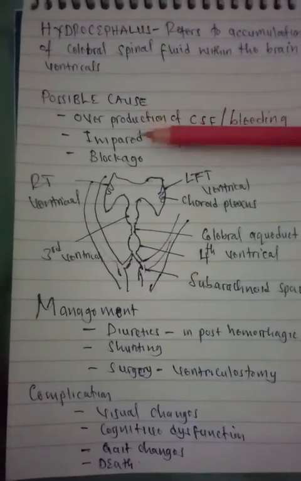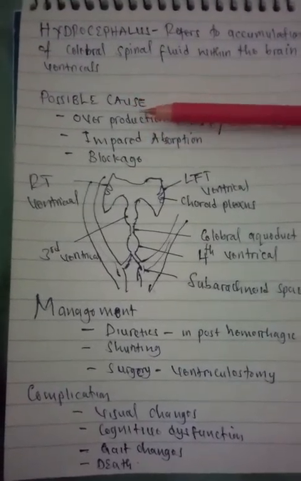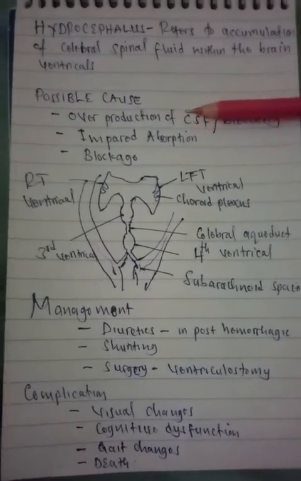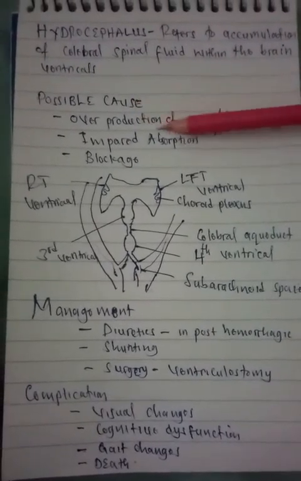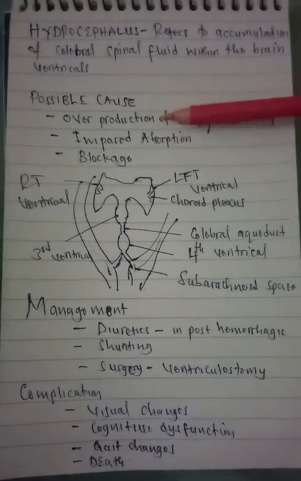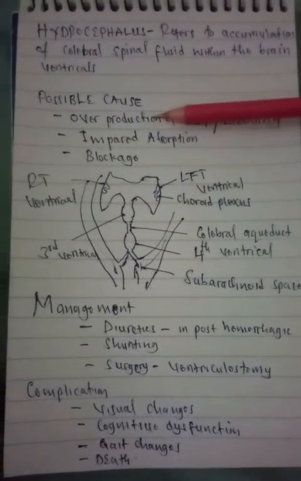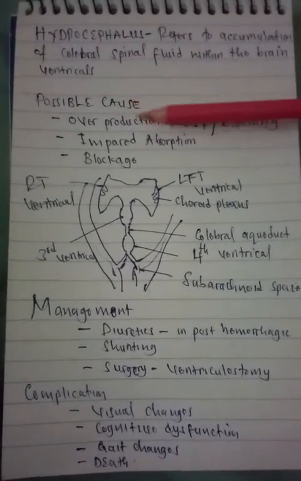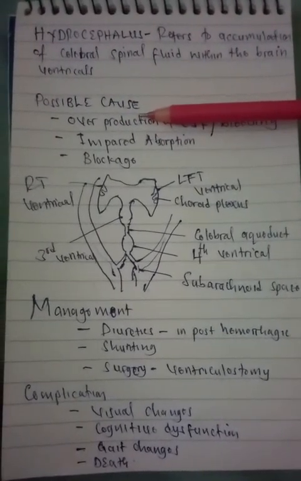The first cause might be the overproduction of cerebrospinal fluid, where a large amount of cerebrospinal fluid is produced within the brain ventricles, but there is slow absorption compared to production.